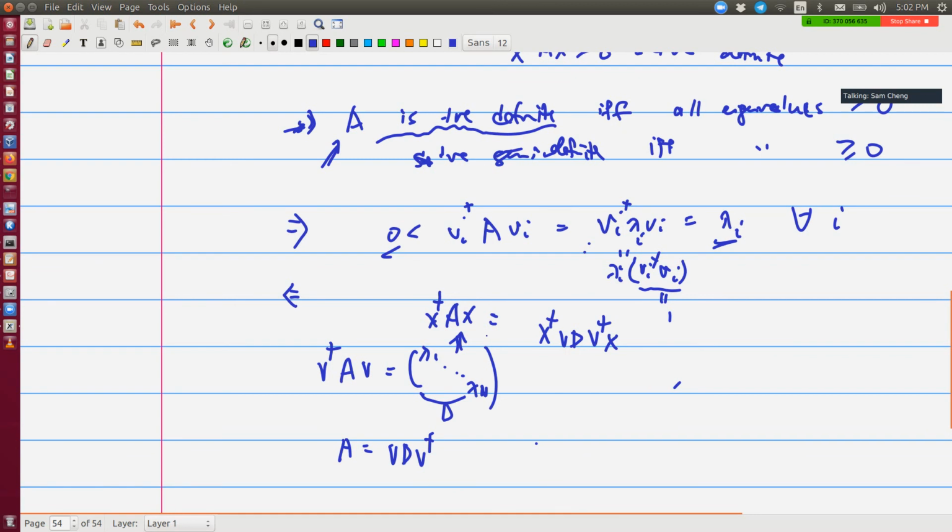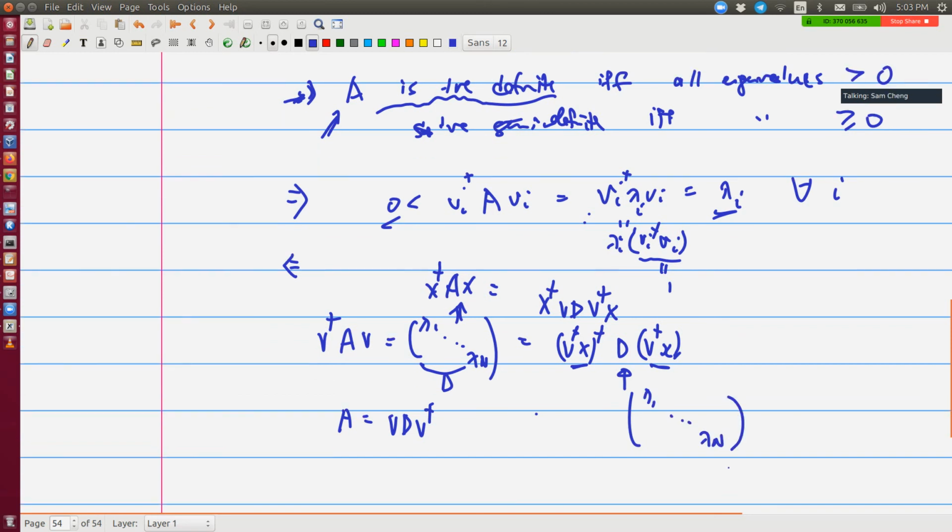This is equal to x Hermitian V times D times V Hermitian x. These two vectors are the same, and D is a diagonal matrix with lambda 1 to lambda n.